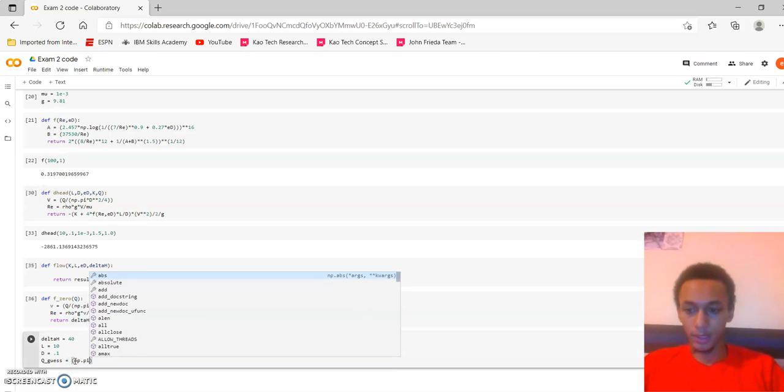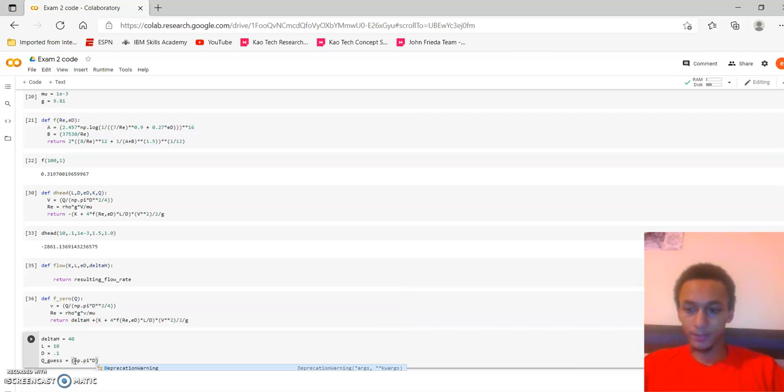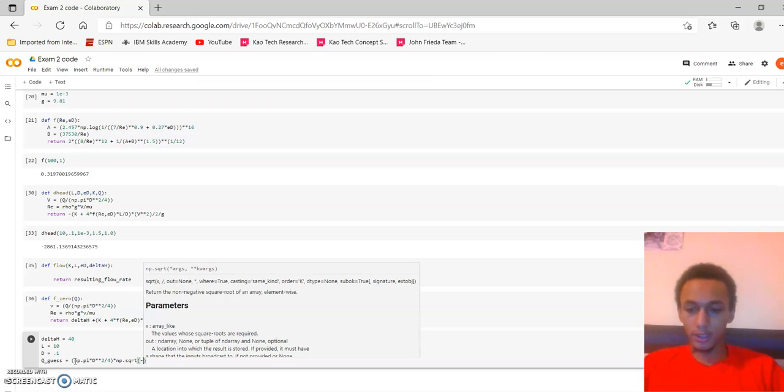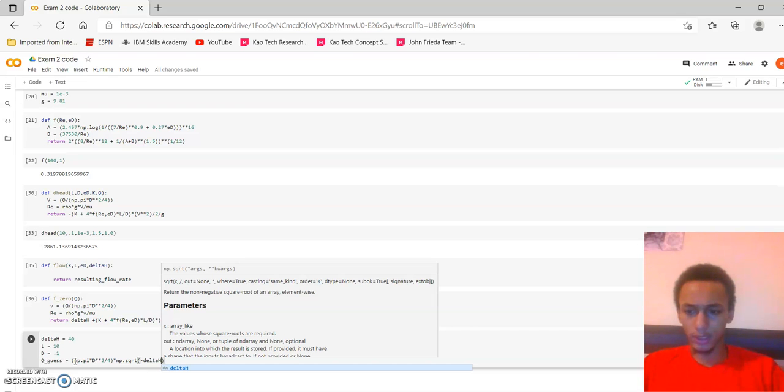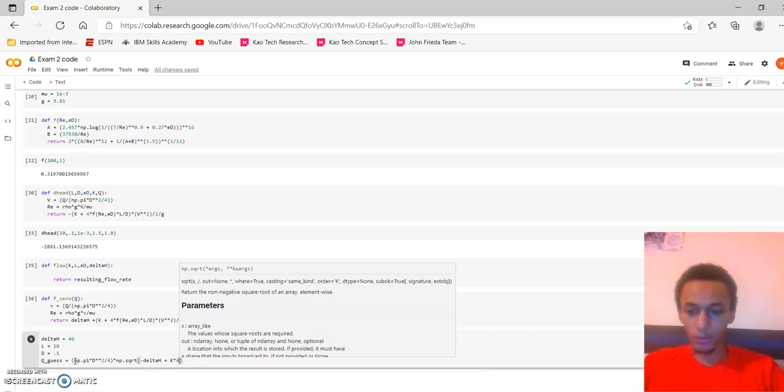So we're going to use np.pi times diameter squared, I believe, divided by 4, multiplied by np.sqrt of the negative of delta H times, plus K times 4.